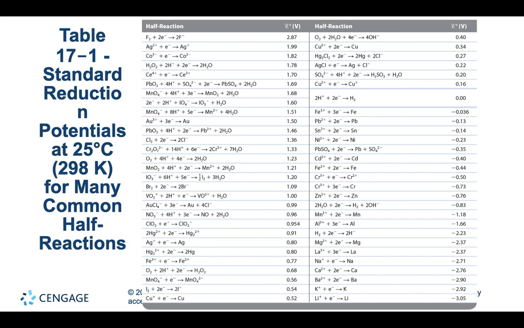The Au3 plus plus 3 electrons yields Au should be the one running forward, not in reverse, because 1.5 is above 0.96. So that means that this reaction is not spontaneous, which means nitric acid should not be capable of dissolving gold metal.